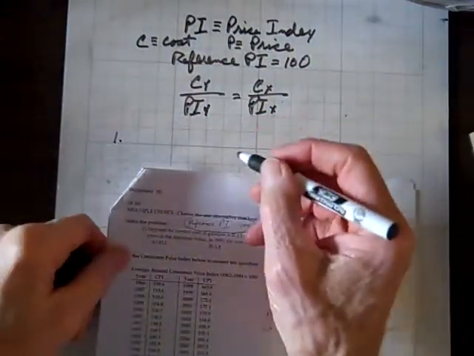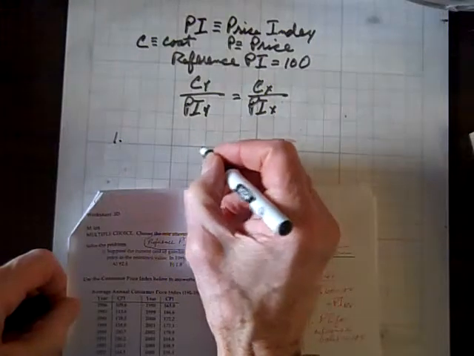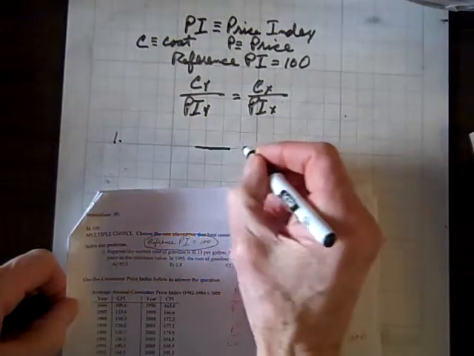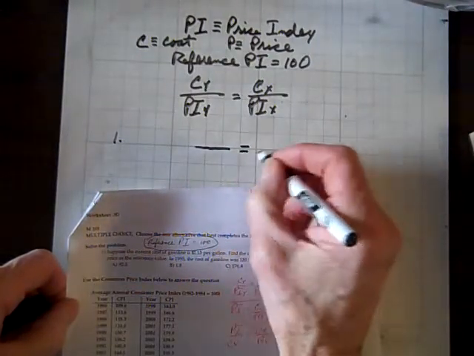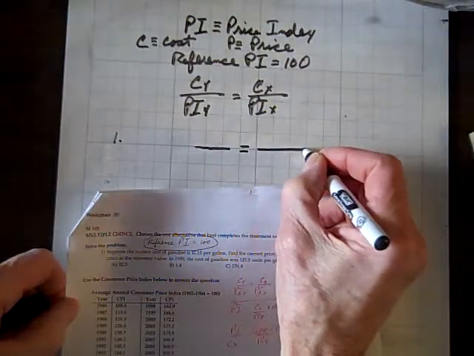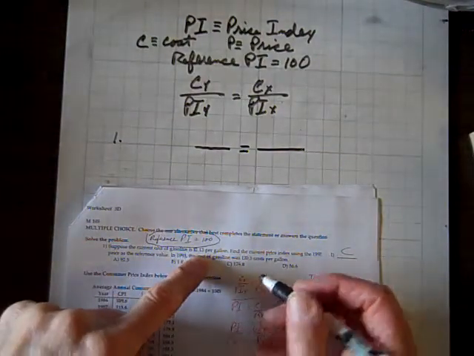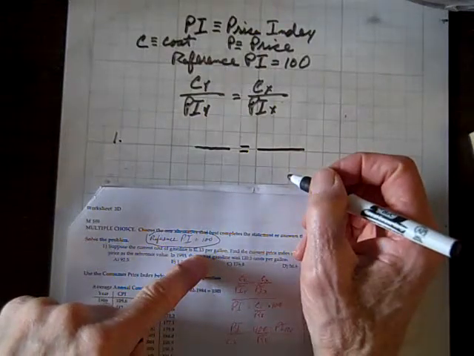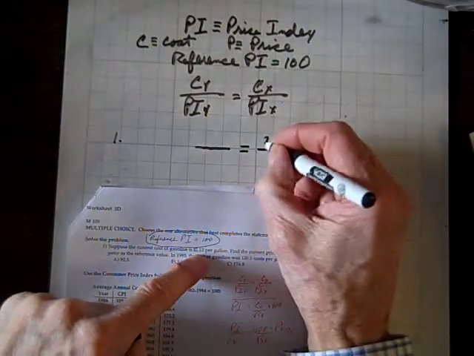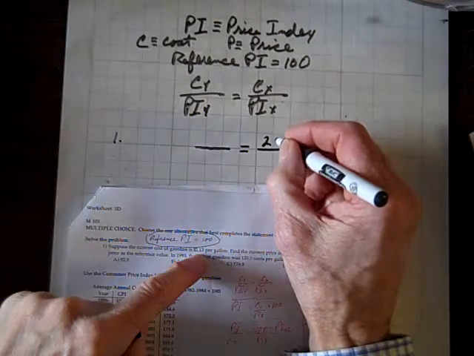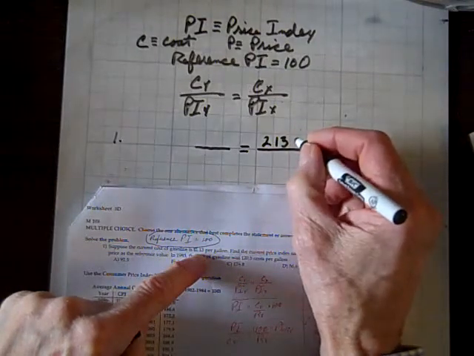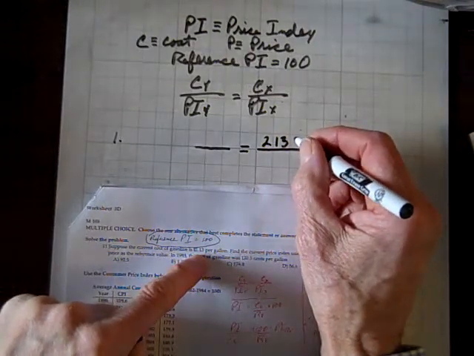And what we're given here is, by the way, we are going to need to use equate ratios. Suppose that the current cost of gasoline is $2.13. So that's 213 cents.